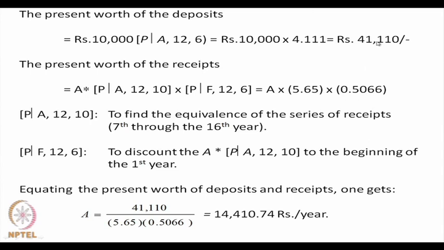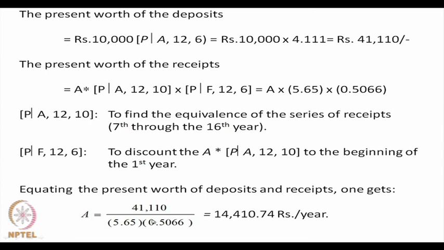Now, we equate the two. So, what we have deposited, its present worth is 41,110, and what we will be receiving in 10 years starting from the 7th through 16th year, its present worth is equal to this. We now equate them. So, A is equal to this divided by this into this.